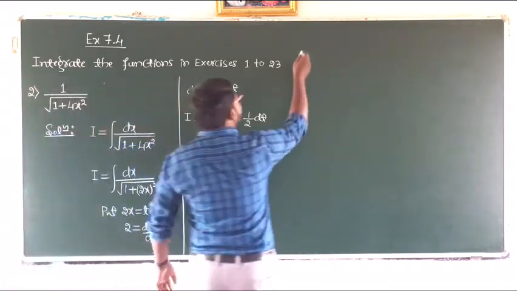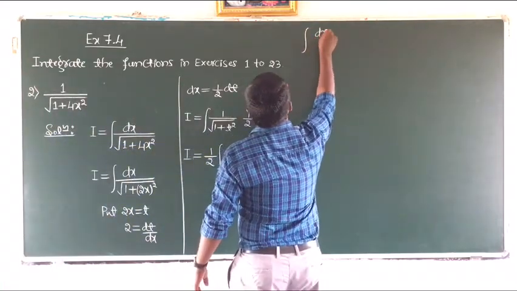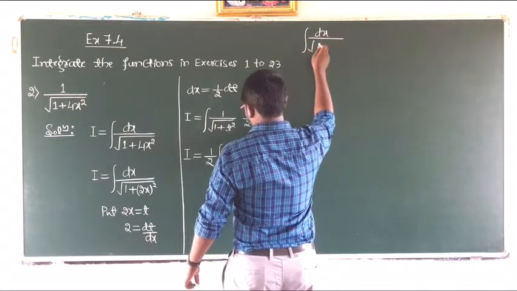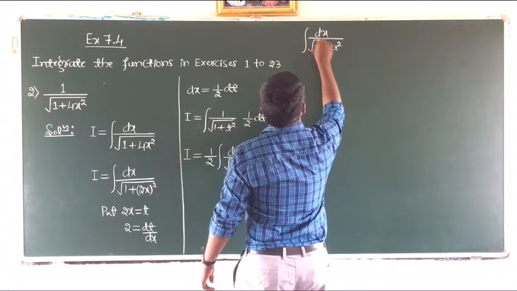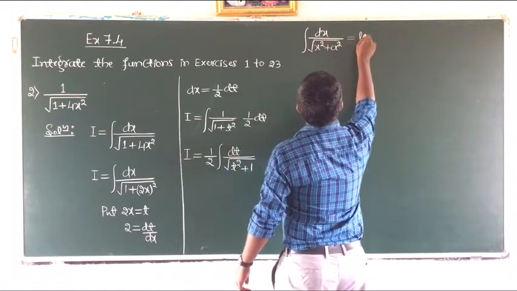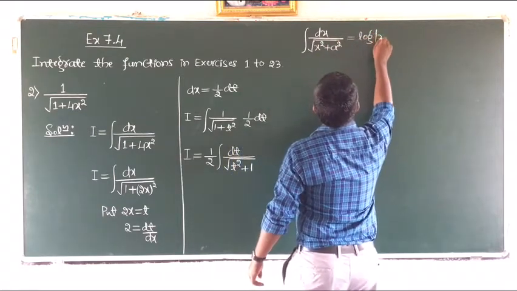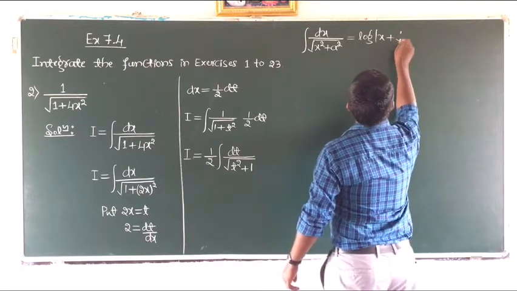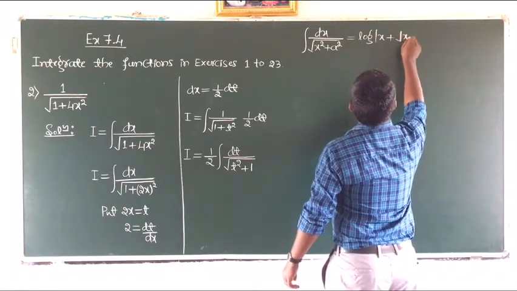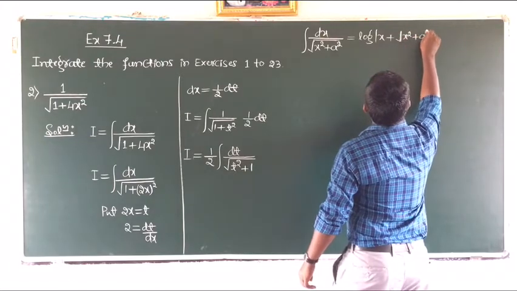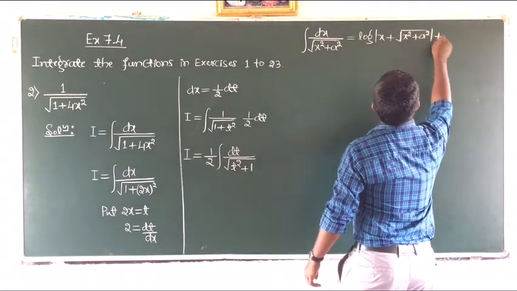So here we know that integral dx upon under root x square plus a square which is equals to log mod x plus under root x square plus a square plus c.